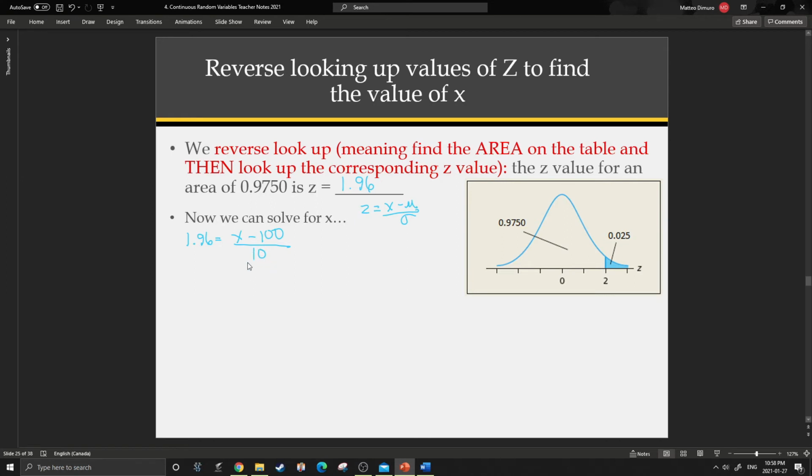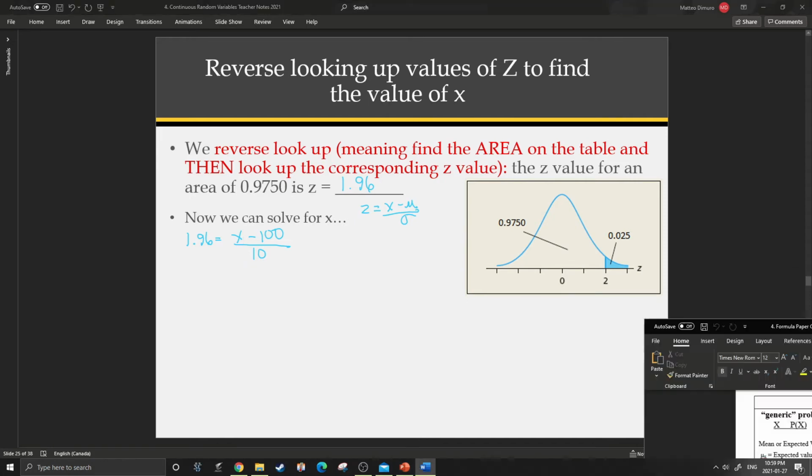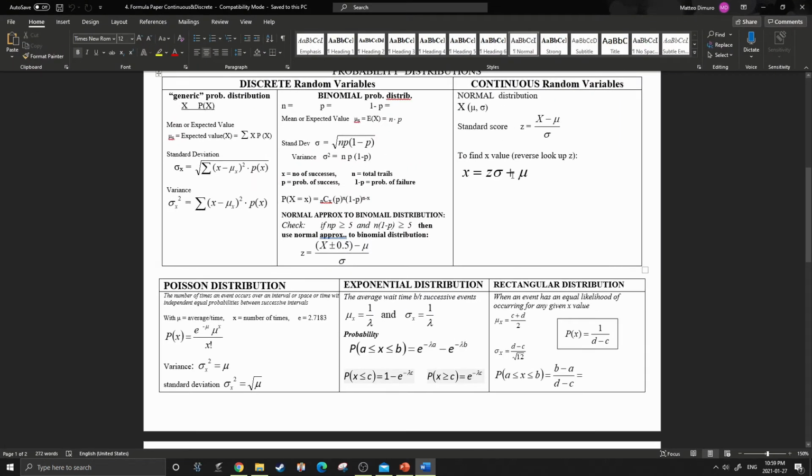Now, you have to do a bit of algebra here to solve for x. I am quite kind, and I went ahead and put that on your formula sheet. If you're ever looking for the x value, you're going to go z times the standard deviation plus the mean. If you do the algebra, that's what you're going to get.